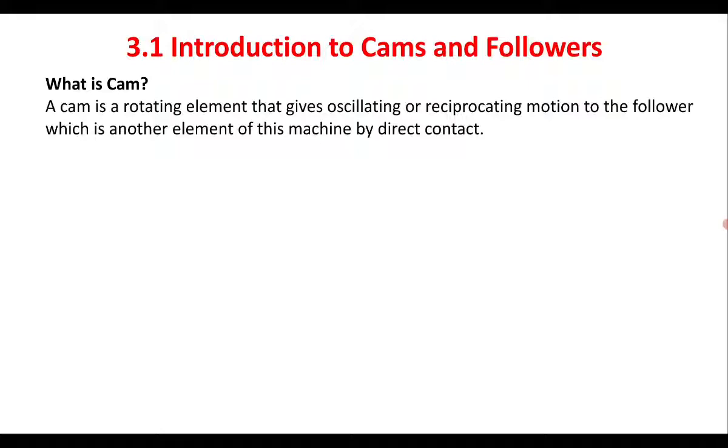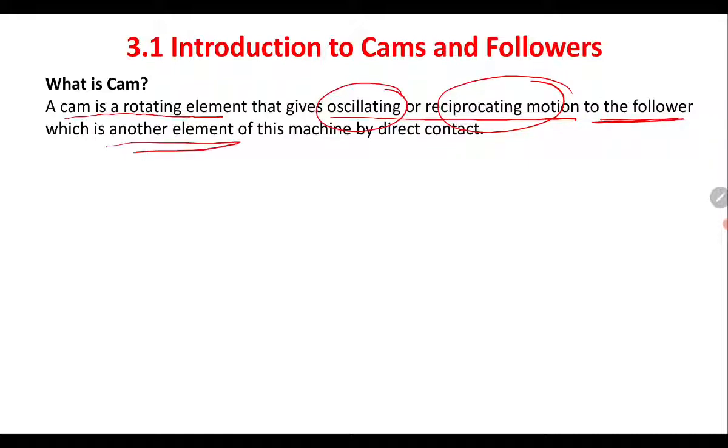Cam is a rotating element, and it gives two types of motion, oscillating motion and reciprocating motion, to the follower, which is the other element. So this is the meaning of cam.